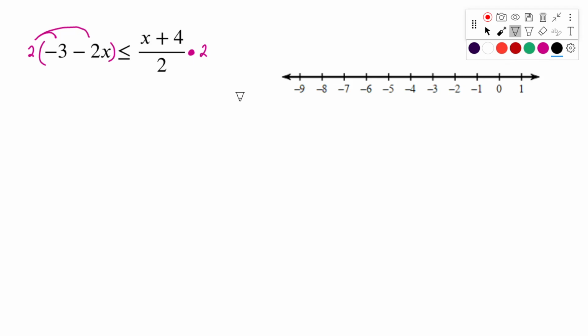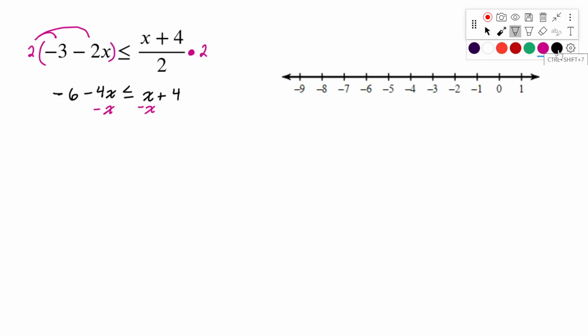So that's going to give me negative 6 minus 4x less than or equal to x plus 4. I'm going to get all my x values on the left side, so I'm going to subtract this x and subtract it on the other side.